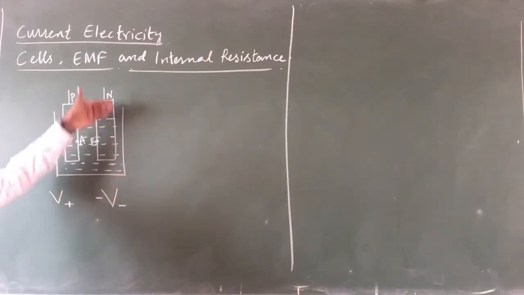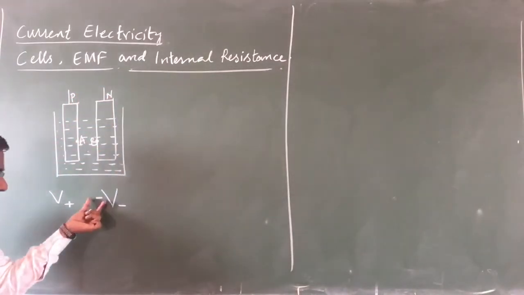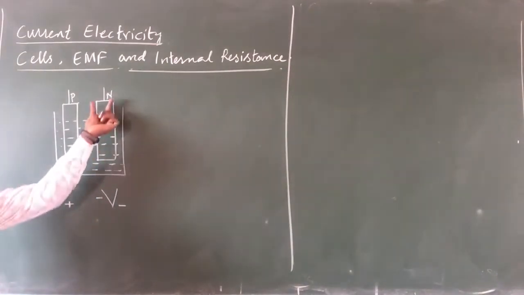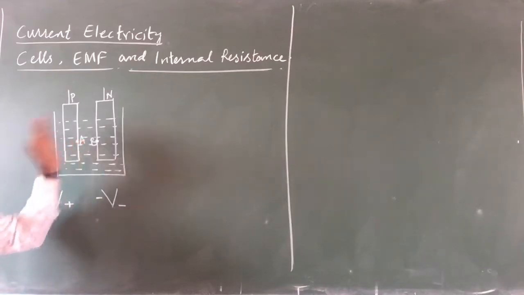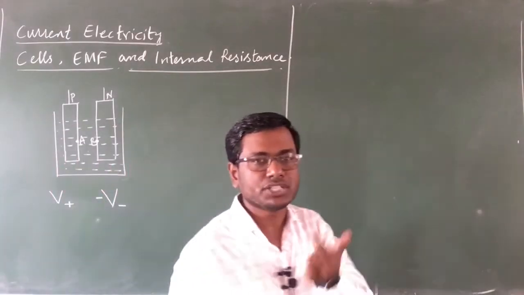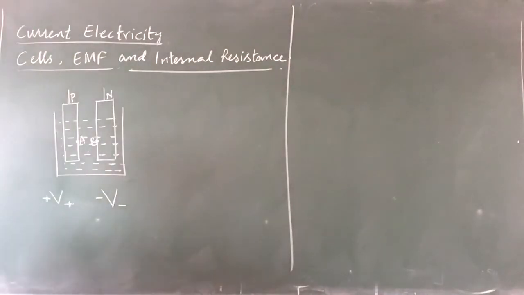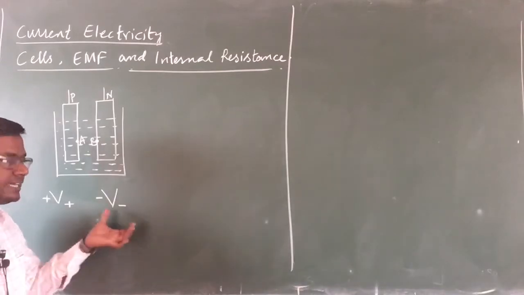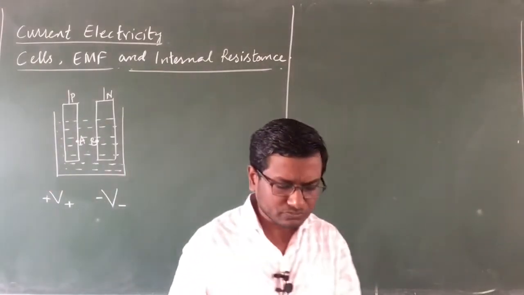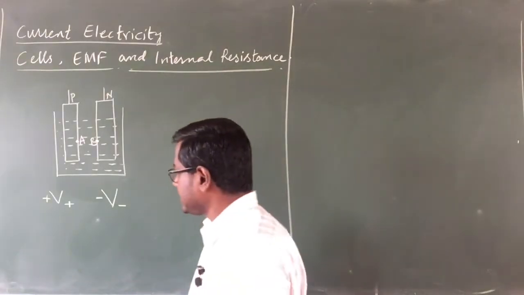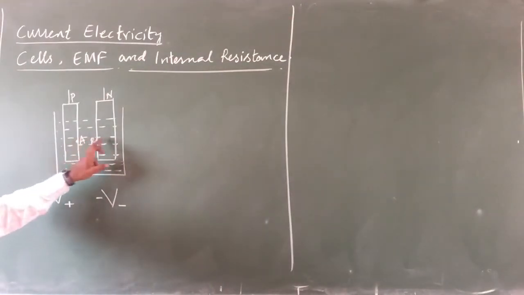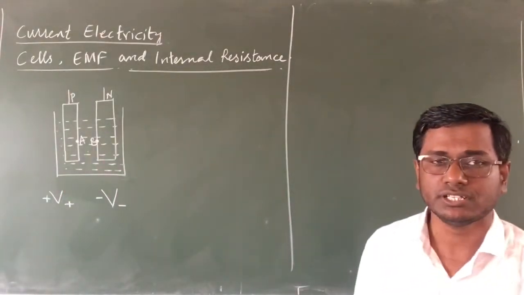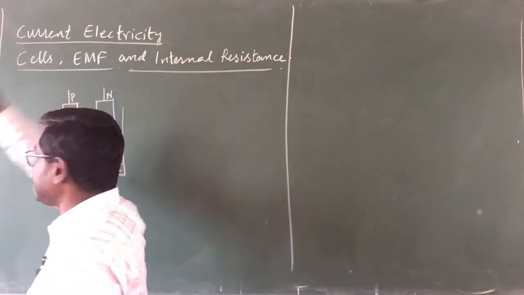This negative represents that the plate is negative, and this negative sign on the outside represents that this potential is negative with respect to the electrolyte which is surrounding that plate. We know that this potential has to be greater than 0, and this potential has to be less than 0. So with that as the basis, these 2 points will have some potential difference between them, and that potential difference we are going to call EMF.